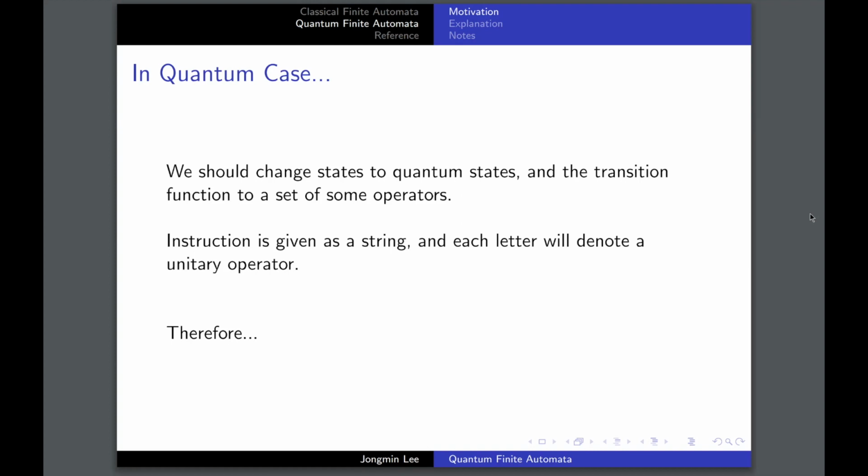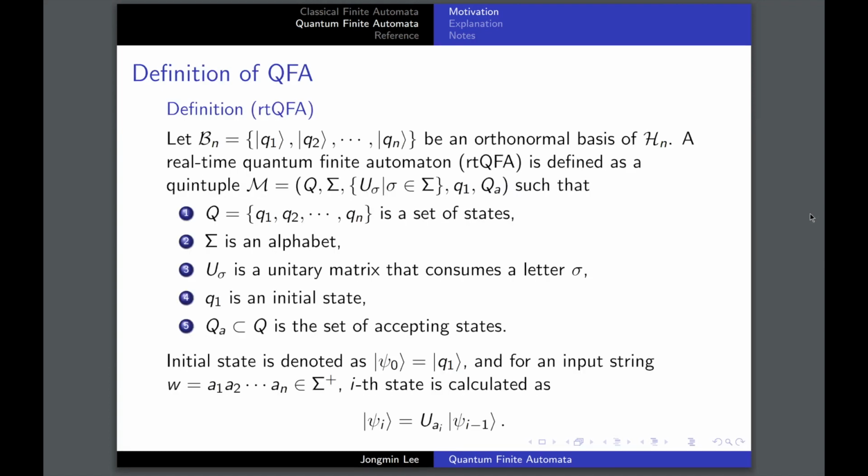Okay, so I will define the QFA as this. In the basis q1 to qn, which is an orthonormal basis of Hilbert space Hn, the real-time quantum finite automaton is defined as a quintuple, the same form, with Q a set of states, sigma an alphabet, U sigma a unitary matrix corresponding to a letter sigma in the alphabet, q1 an initial state, and QA a set of accepting states.